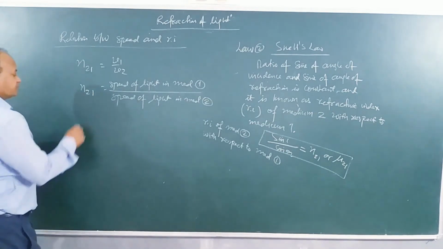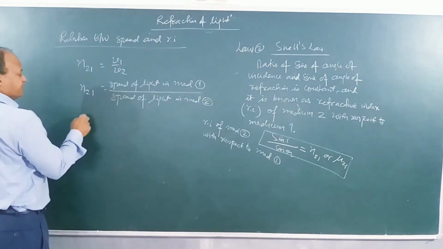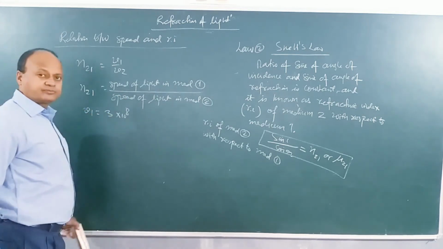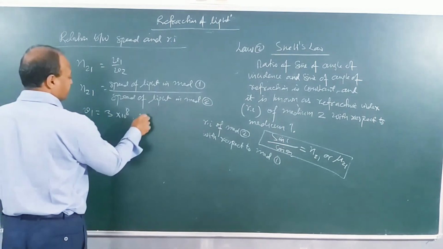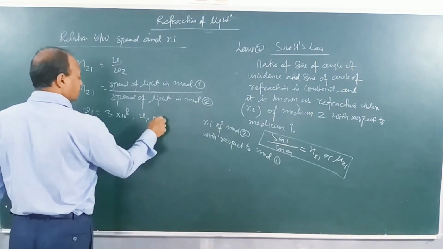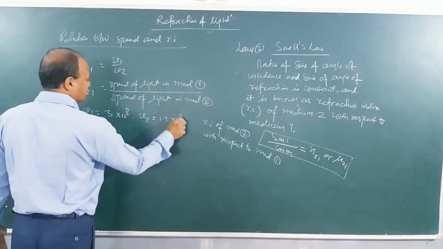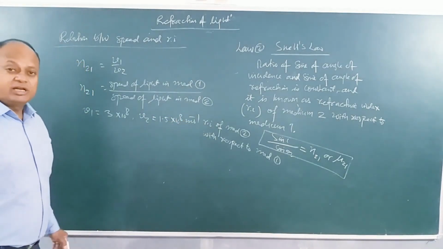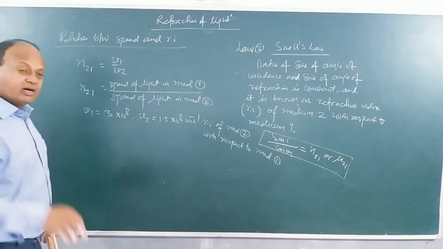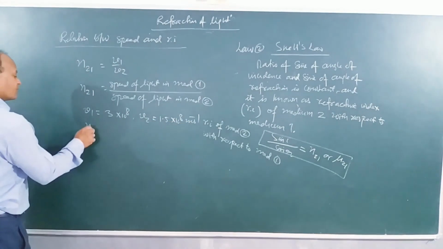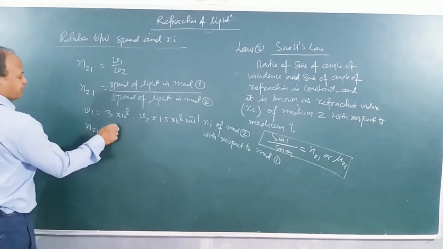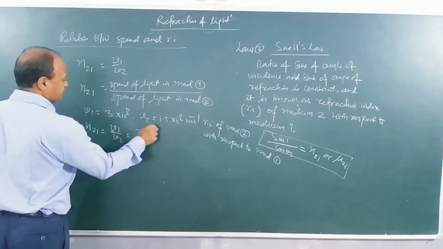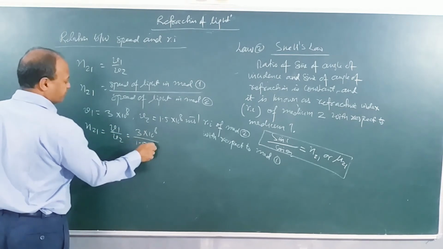Suppose speed of light in medium 1, V1, is 3 into 10 to the power 8, and speed of light in medium 2 is 1.5 into 10 to the power 8 meter per second. Suppose they ask you to calculate refractive index of medium 2 with respect to 1, then what will you write? N21 is equal to V1 by V2, which is 3 into 10 to the power 8 divided by 1.5 into 10 to the power 8.